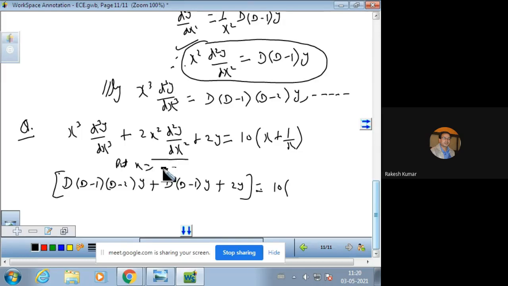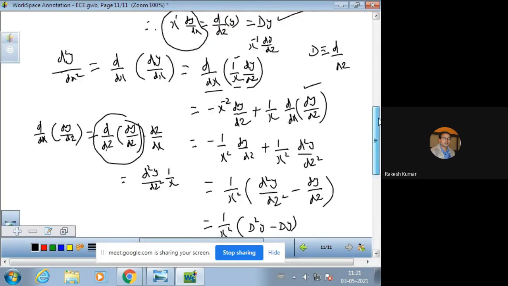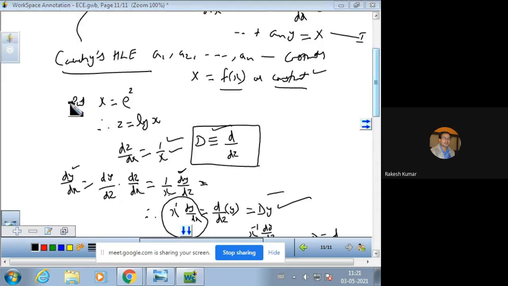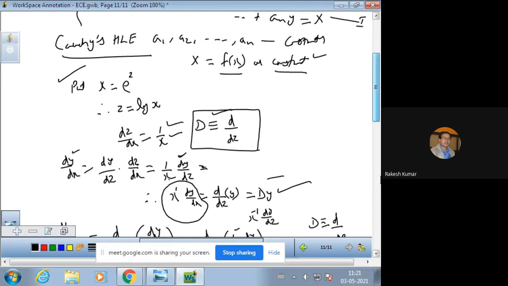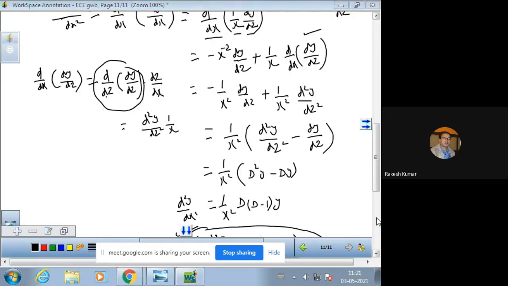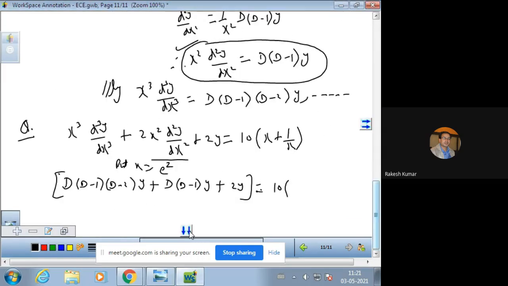You have to give all of this. You have to start the question from this step. Put x equal to e raised to power z, and z will be log x. Then find the derivative and all this. So you have to give all these steps in the given differential equation.